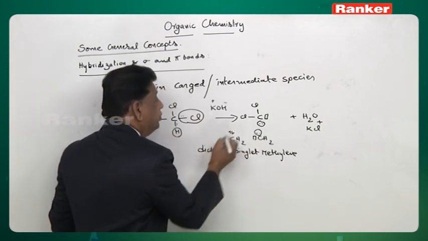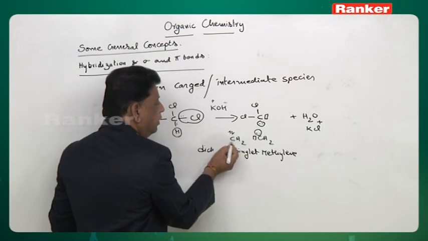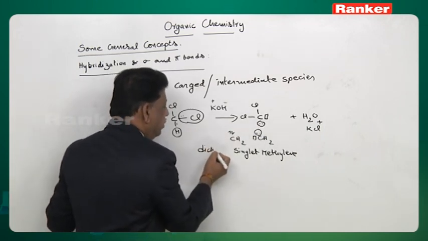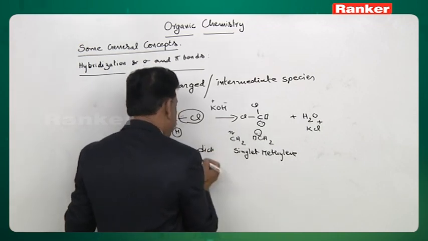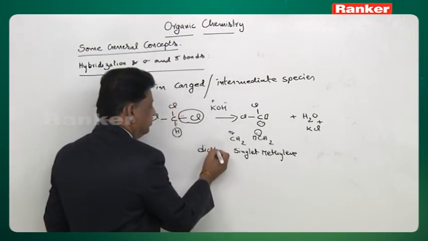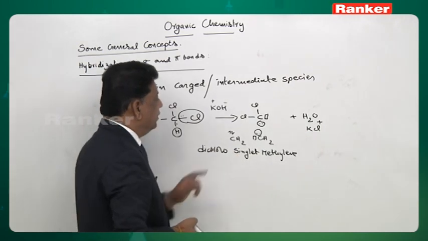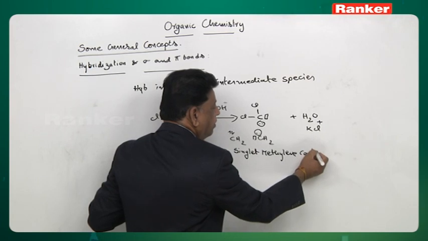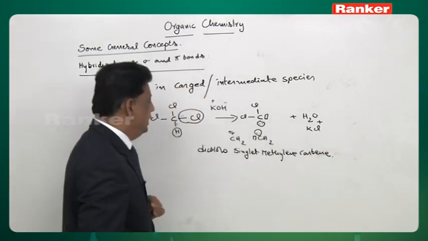If it is only CH2, you can say methylene, but because 2 chlorines are there, it is dichloro singlet methylene carbene.